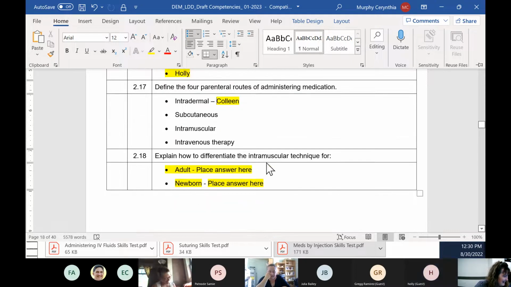Okay, what about 2.18? We have this already above. Isn't that the same one as 2.14? Yeah, so get rid of 2.14.